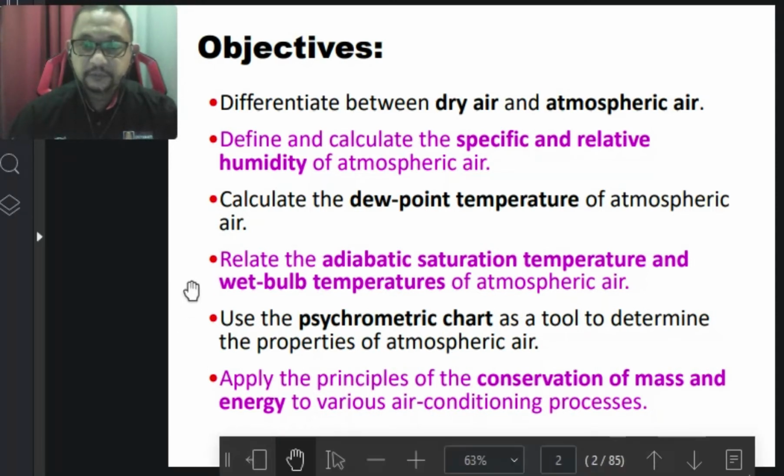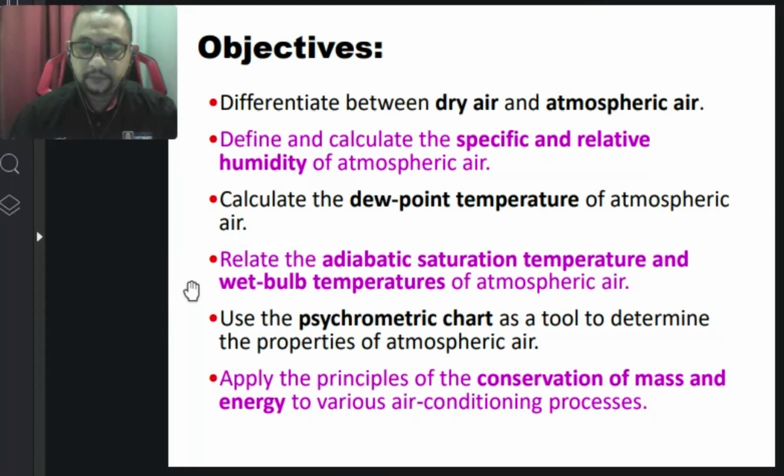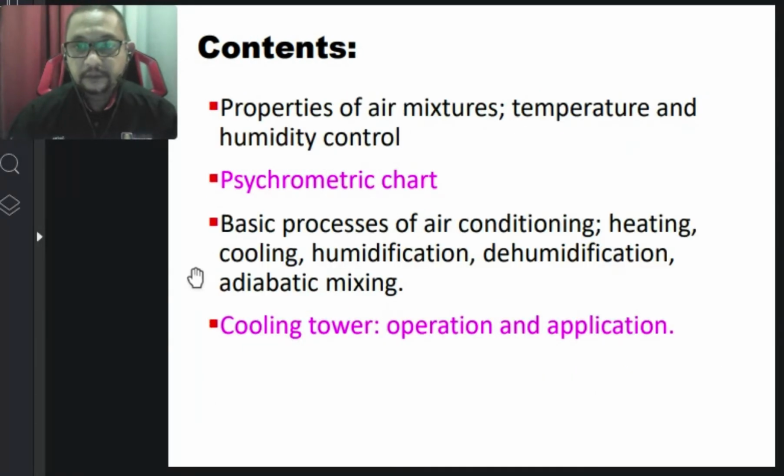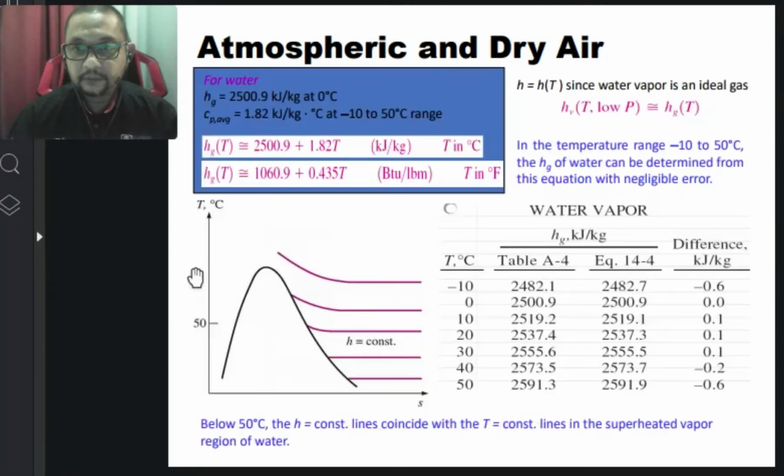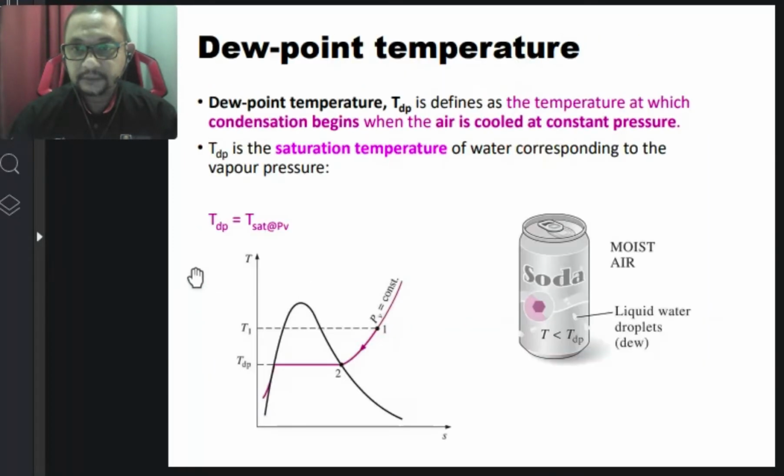Number two, you must be able to use the psychrometric chart as a tool to determine the properties of atmospheric air. Okay, for today's class there are only two objectives. I will show you today's slide.